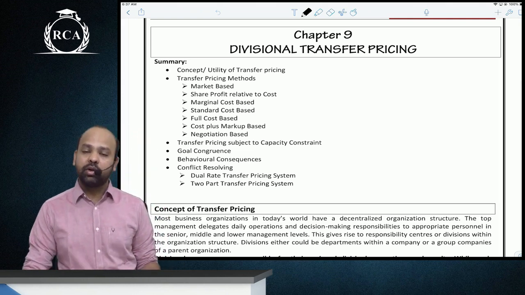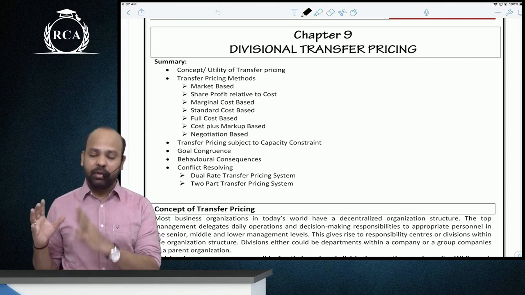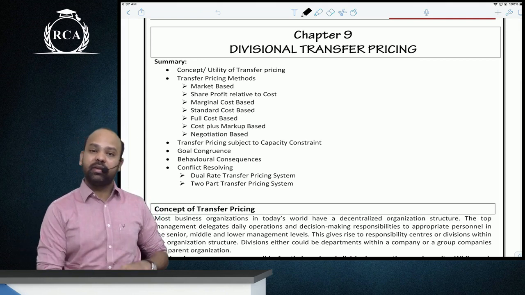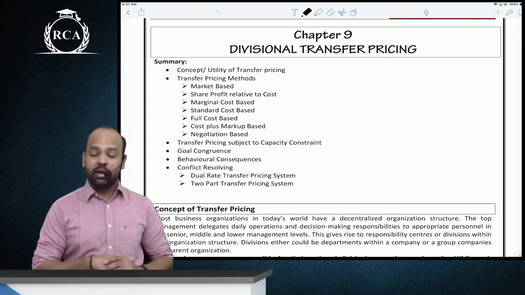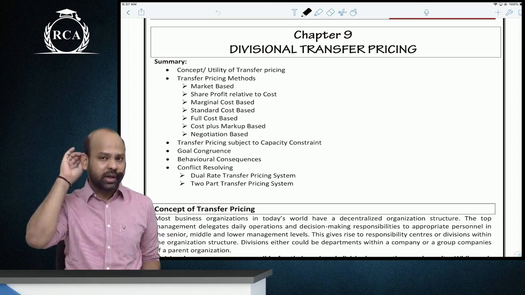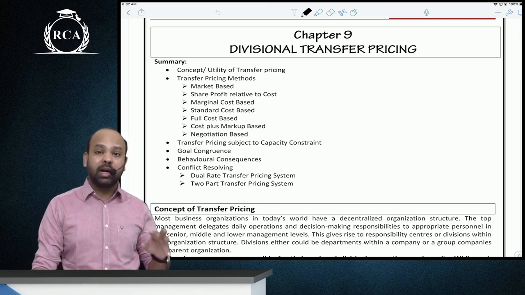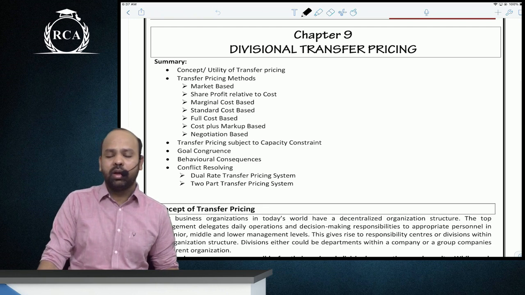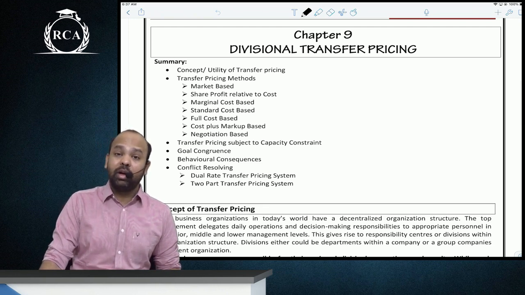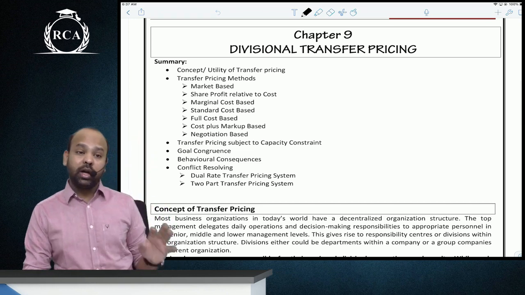Yes, undoubtedly. Imagine that a tax department of a particular firm needs services of the audit department. What if the audit department is not billing the tax department anything at all? If that happens, remember, the audit department is at a loss.